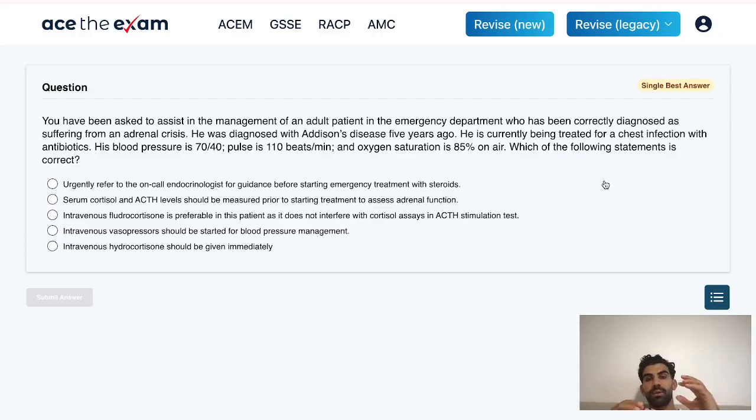Remembering the difference between primary and secondary, a big one that comes up in exam questions is hyperpigmentation. So in primary, you see hyperpigmentation because you have lots of ACTH, and this is produced from something called POMC. POMC is a precursor to ACTH. It is also a precursor to MSH, which is melanocyte stimulating hormone.